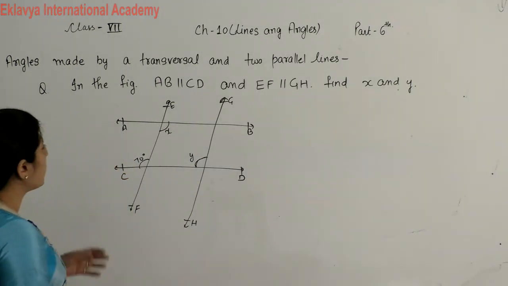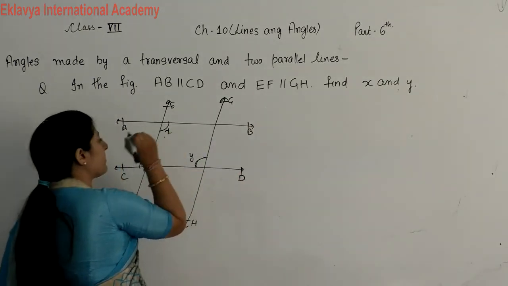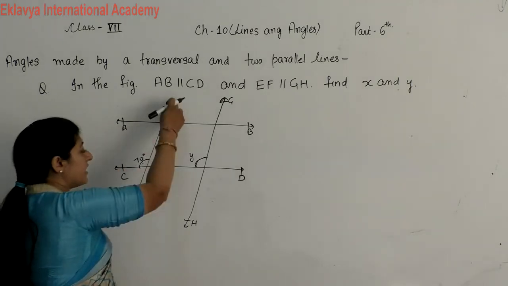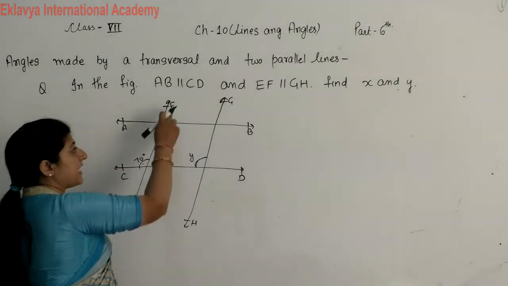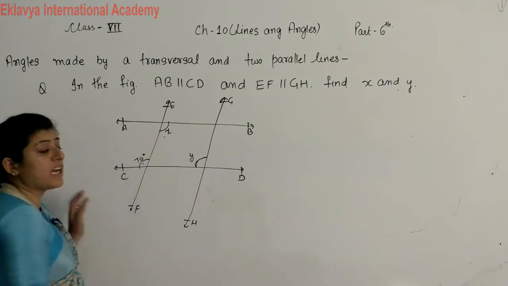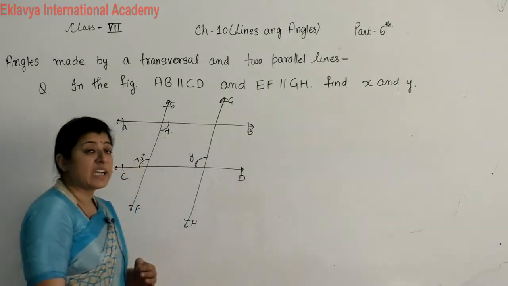We want to find out, AB parallel to CD. Then what is the relation between 70 and X? AB parallel to CD and one transversal EF. A transversal EF intersects AB and CD parallel lines. It means their alternate interior angles are equal.